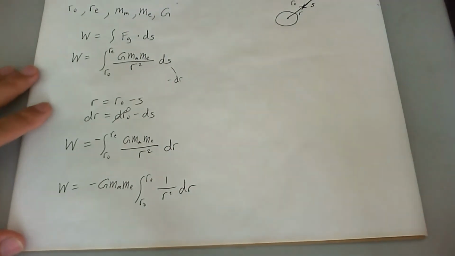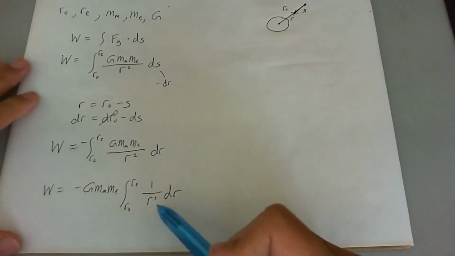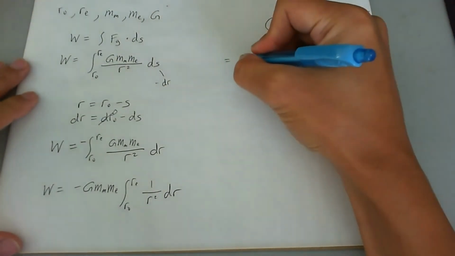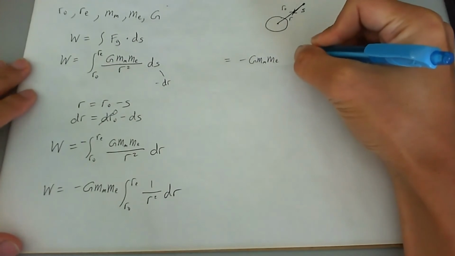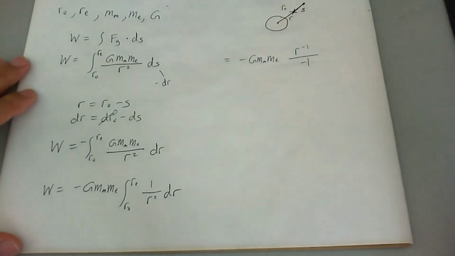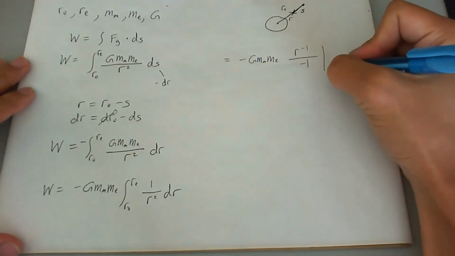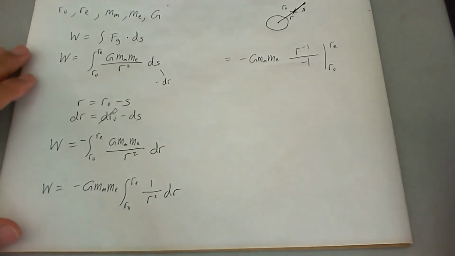And we can do a proper integration now. The integral of r to the negative 2 is going to be r to the negative first power divided by that new exponent. And this is going to be from R naught to RE.